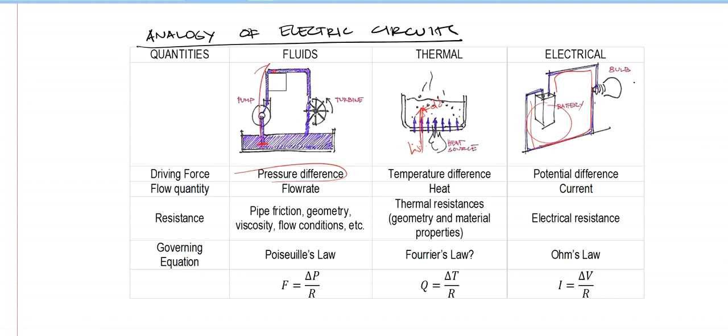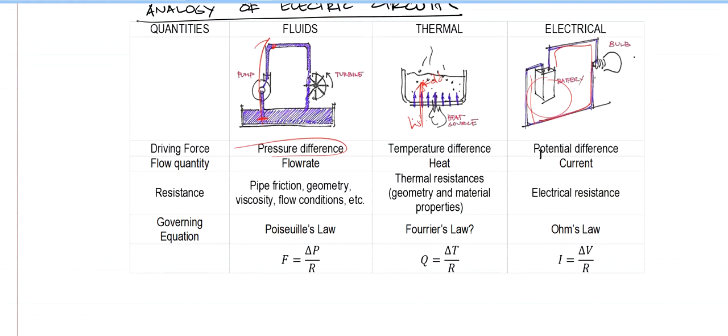Okay, and because of the driving force, the thing flowing in the electric system is the current, for thermal systems that's heat, and for fluids that's the liquid that flows, right? So that's the flow rate. And as that fluid flows, or as that heat flows, or as the charge flows, it actually experiences resistance.